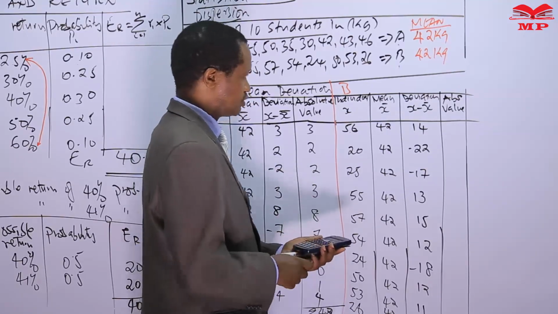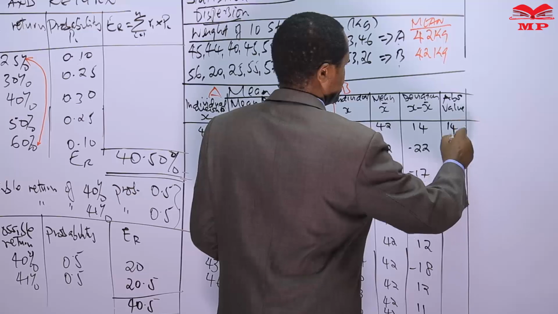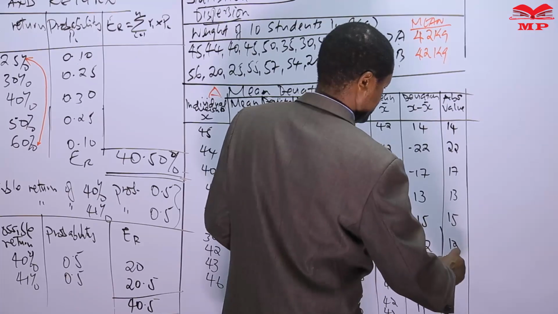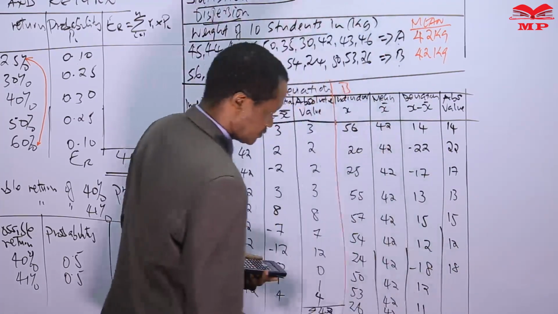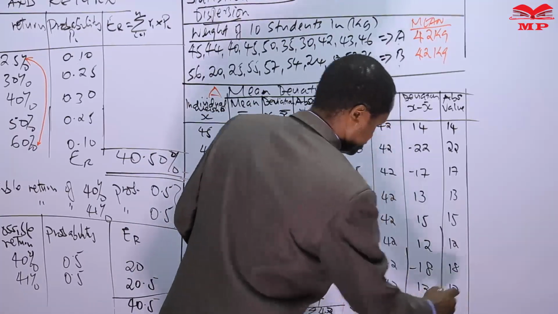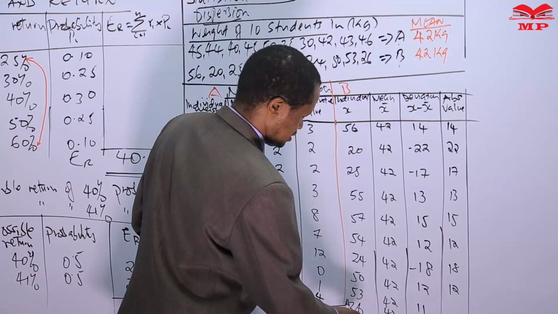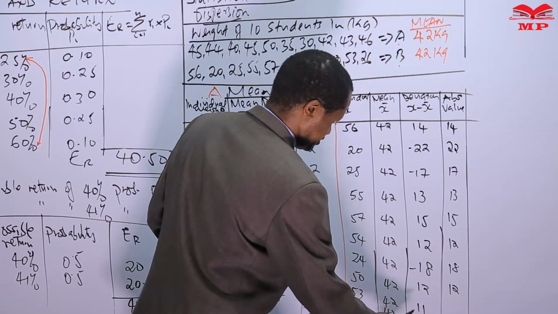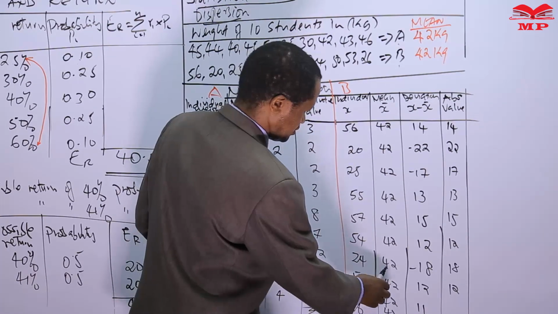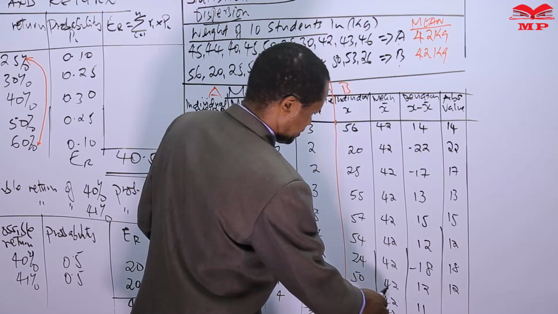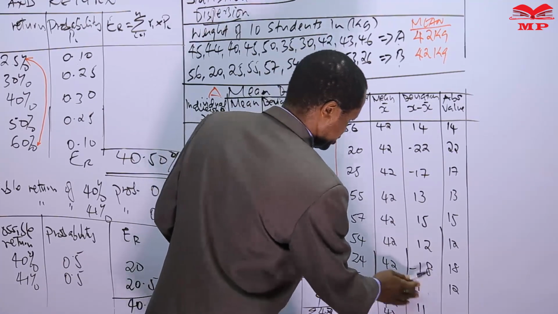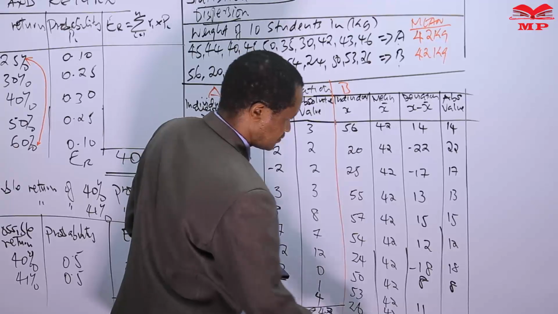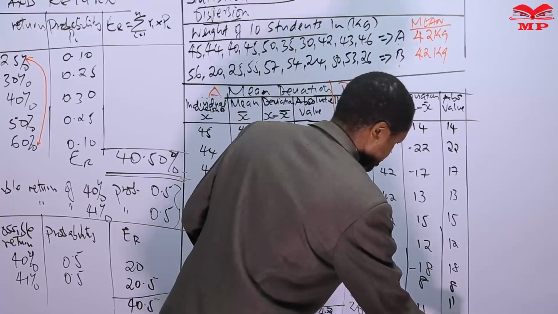We take the absolute values: 14, 22, 17, 13, 15, 12, 18, 12, then 53 minus 42 is 11, 24 minus 42 is 18, 50 minus 42 is supposed to be 8, 8, then 11 and 16.